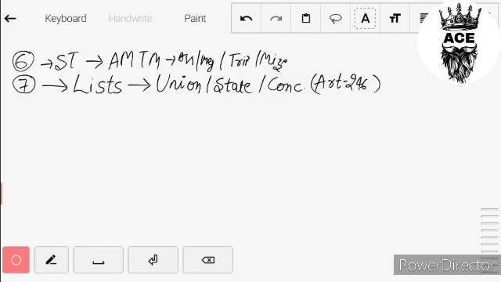So the subjects in the union list are administered by the central government, and whatever is in the state list is administered by the state government only. They cannot interchange or interfere in any of the lists. If the state list has certain subjects, those subjects should be administered by the state only. The union government or central government cannot interfere.